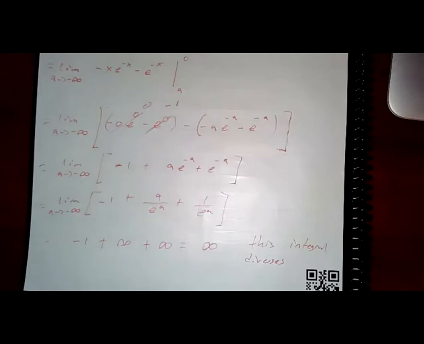Professor, why would a over e to the a equal positive infinity? So this goes to 0, this fraction. So it's basically saying 1 over 0 here. Let me show you.